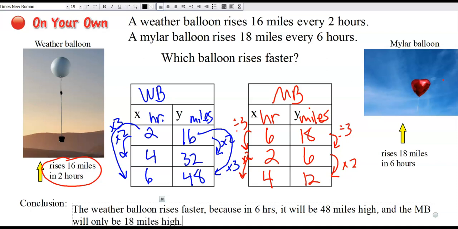Okay, so every 6 hours, the weather balloon will be 48 miles higher, and the Mylar balloon will be only 18 miles higher. That's just looking at a ratio table.